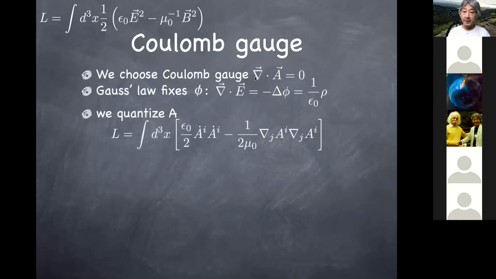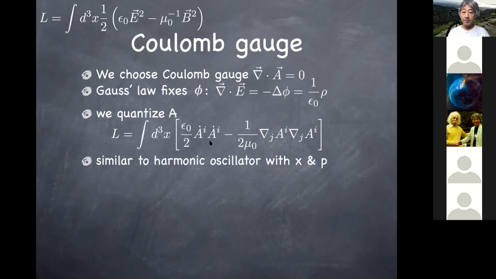So all you have to do now is to rewrite this Lagrangian specifically for the vector potential. And using the fact that the divergence of A vanishes, you can also simplify this part B squared in this particular expression down here. So once you have this expression, then you basically see that this looks very similar to harmonic oscillator in quantum mechanics. So A corresponds to X, and here you have X dot squared, just like the kinetic energy for the harmonic oscillator.